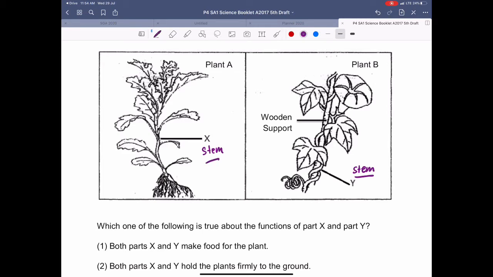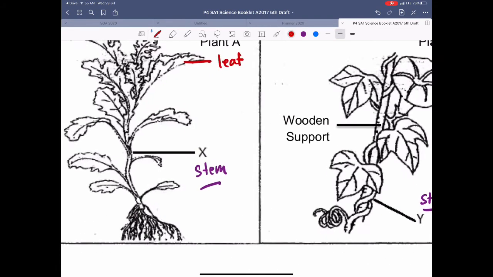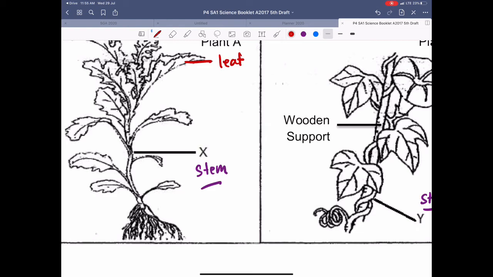Now, the topic on this question will be parts of your plant, whether or not you know the function. Remember we learned about the different plant parts, so let's do a very quick revision. This is your leaf. The function of your leaf is to carry out photosynthesis.